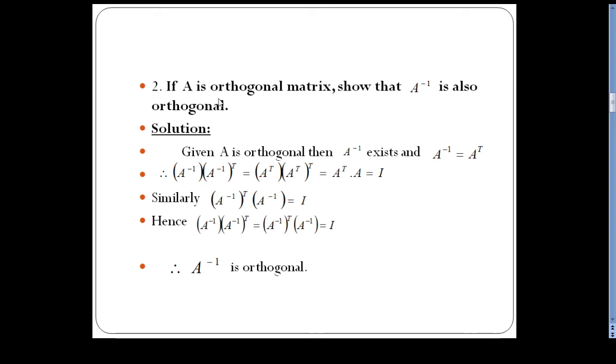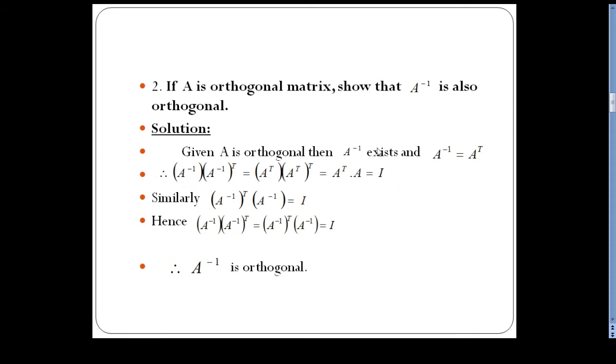Problem 2. If A is an orthogonal matrix, show that A inverse is also orthogonal. Given A is orthogonal, A inverse exists and we have the formula A inverse is equal to A transpose. Using this formula, A into A transpose is I. Substituting A inverse instead of A, we get A inverse into A inverse whole transpose, which is equal to A transpose into A transpose whole transpose.